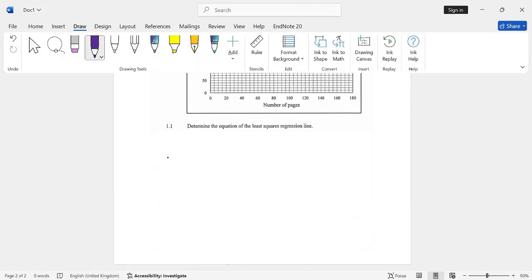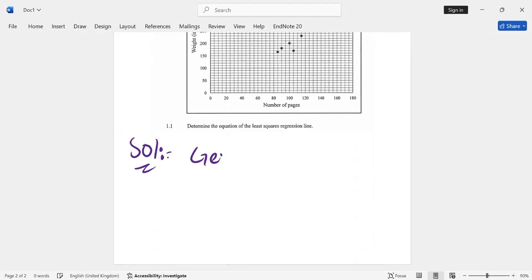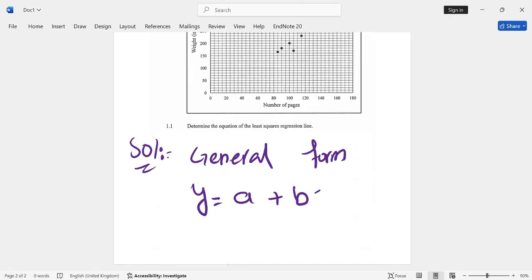As you know, this is the general form, y equals a plus bx.